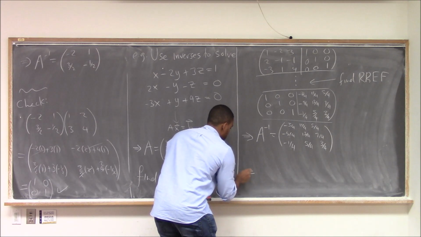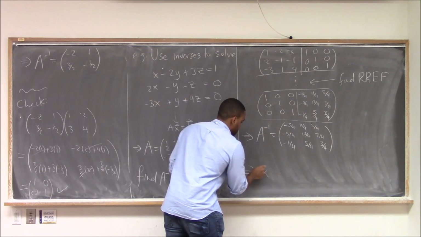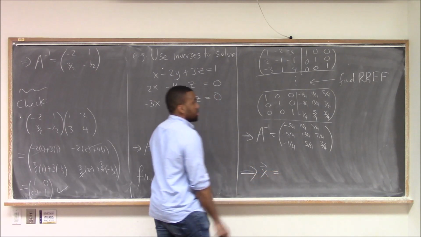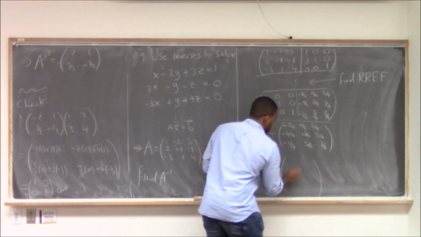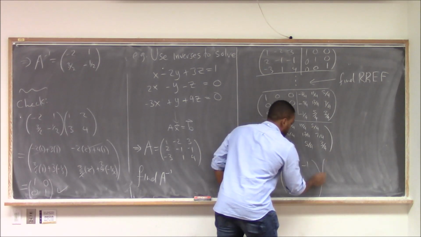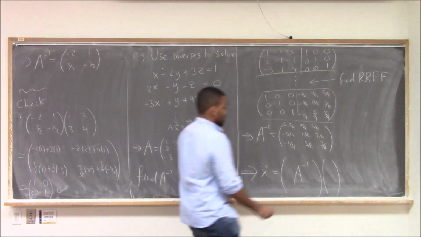And that would mean that your X, the solution to this system, will be given by that whole matrix times the B vector, which is 1, 0, 0.